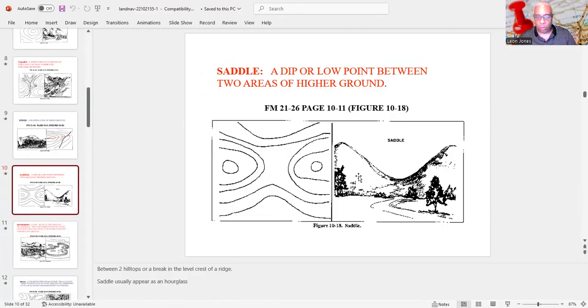So when you look at the saddle, you have two hills at your highest point, and just like a regular hill, you have your lower elevations going down, but you also have an elevation on the outside because it's actually connecting both hills. That's what a saddle is. It looks just like a saddle.